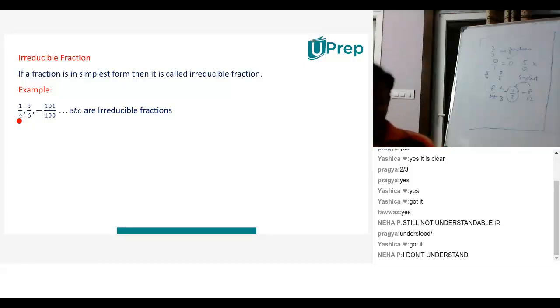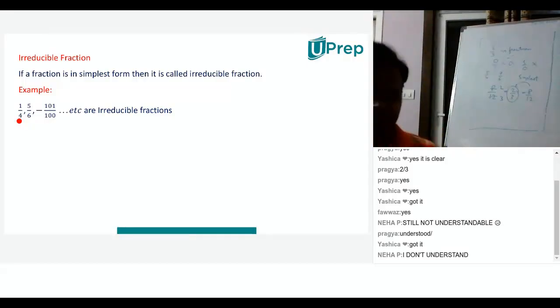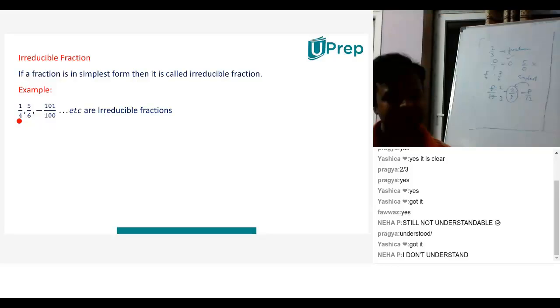If I have numbers 2 and 4, what is a common factor for 2 and 4? 2. 2 is there, 1 is also there, right? Now I take numbers 3 and 4. What is the common factor for 3 and 4? 1. Do I have any other common factor for 3 and 4? No, sir.